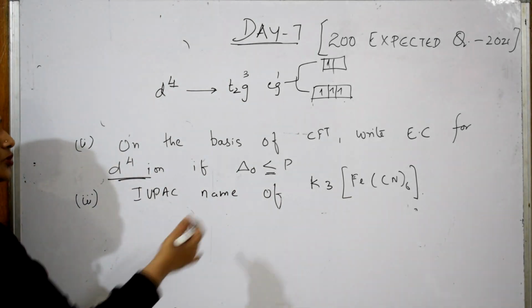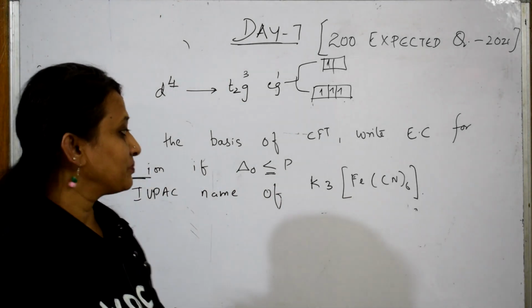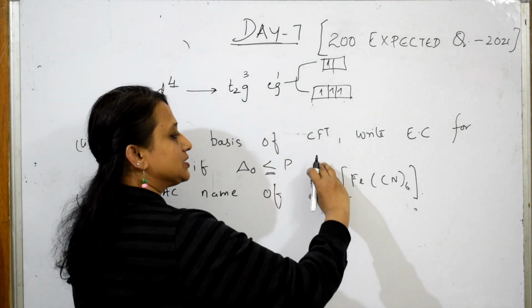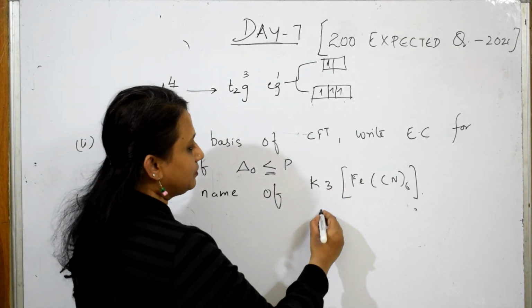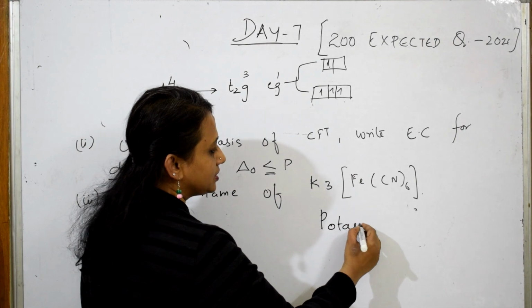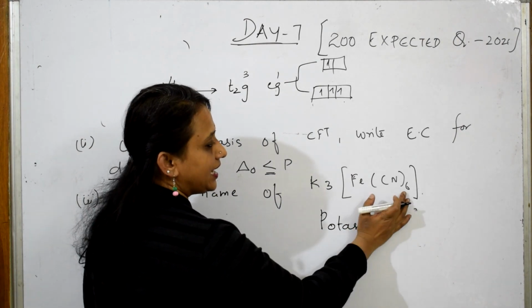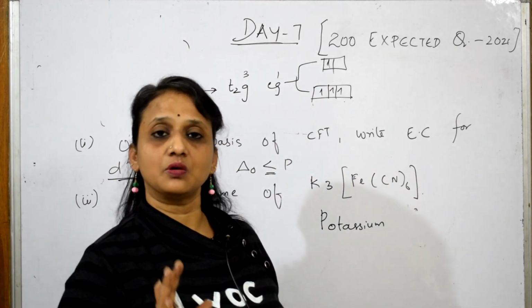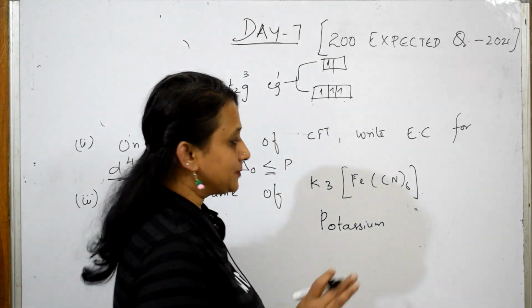Next, students, IUPAC name of the following. So basically this is nothing, most of the students get confused. This is potassium. Start from here. Hexacyano. I did the rules of coordination compounds, what to remember, how to name. Please watch the video, right?